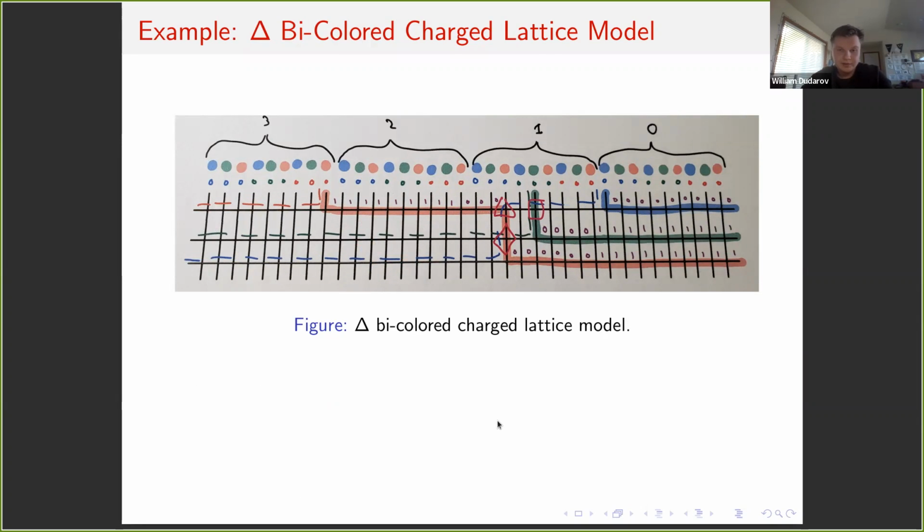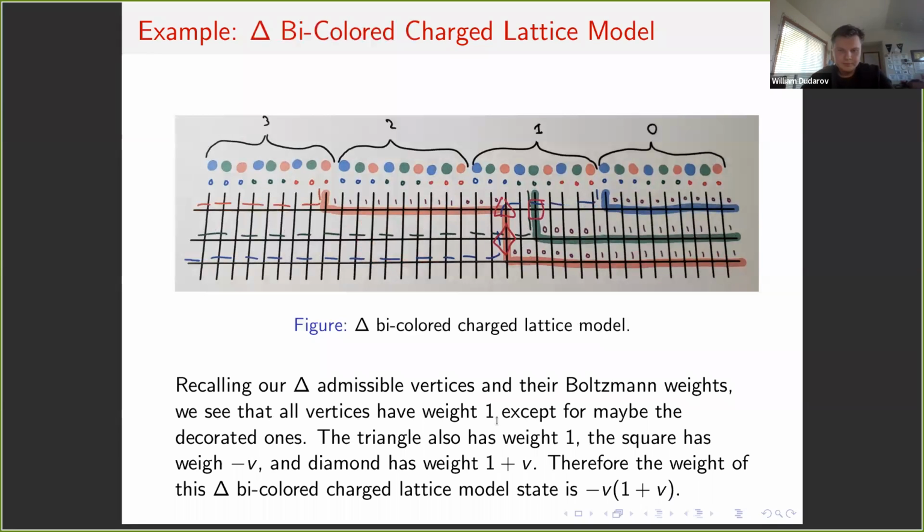Now let's look at a delta state. As we see, the charge goes along the solid colors, and we're calling our delta admissible vertices. We see that all vertices have weight 1, except for maybe the decorated ones. If we go back and look at the chart, the triangle actually has weight 1, the square has weight negative v, and the diamond has weight 1 plus v.